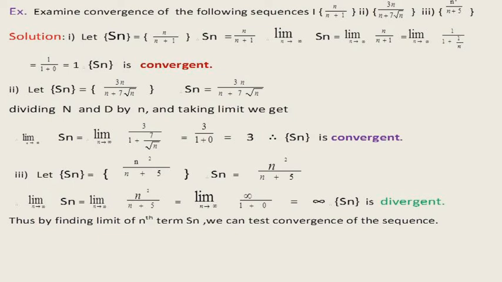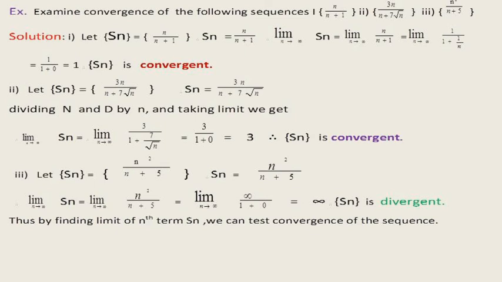So limit of S_n as n tends to infinity is equal to limit of n upon n plus 1 as n tends to infinity, and for finding this limit we can divide the numerator as well as the denominator by n, and then we get the limit 1 upon 1 plus 1 upon n, which is equal to 1 upon 1 plus 0 is equal to 1, and which is convergent.